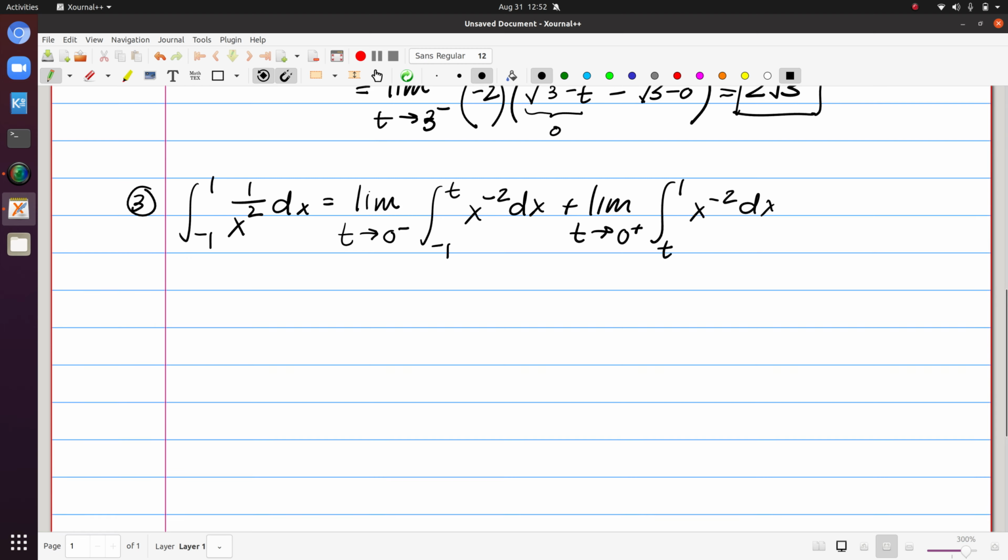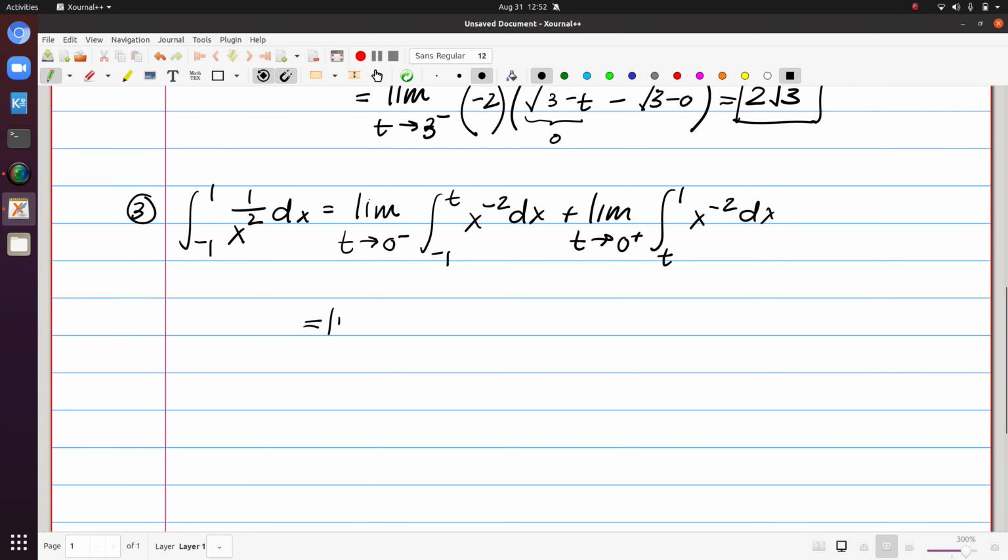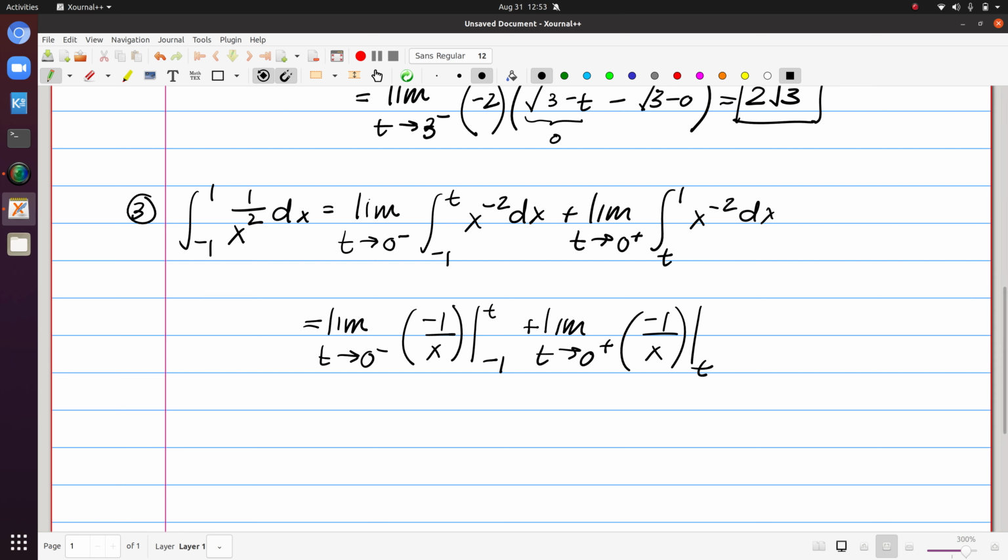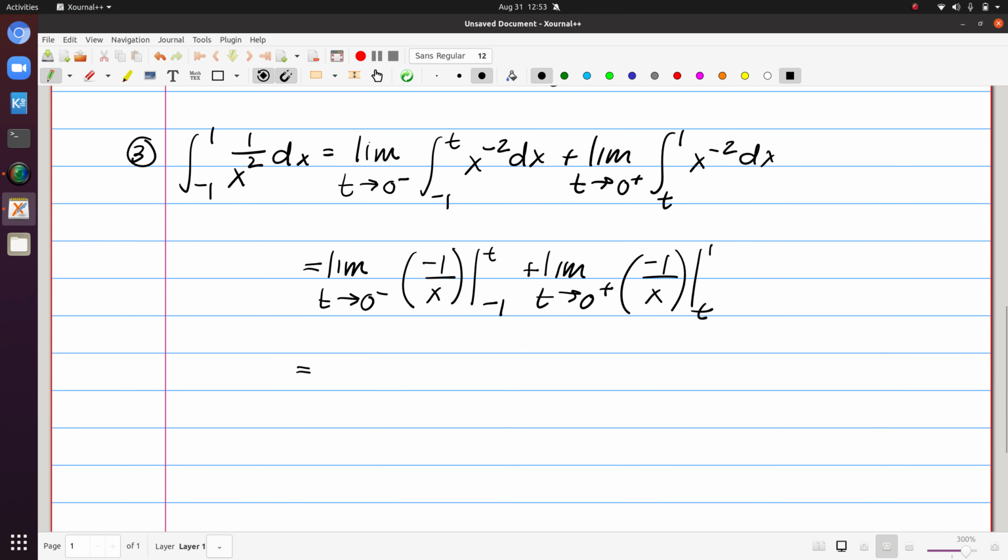In doing so, our antiderivative is now going to be minus 1 over x. So in one case, we're integrating from minus 1 to t. And in the other instance, same antiderivative, but integrating from t to 1. And so what this leaves us with is the limit as t approaches 0 from the left.